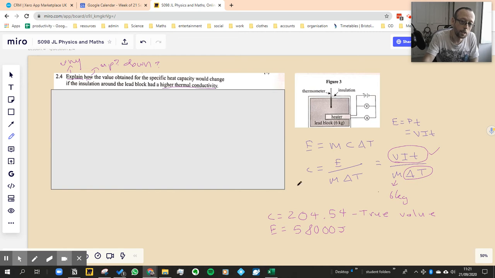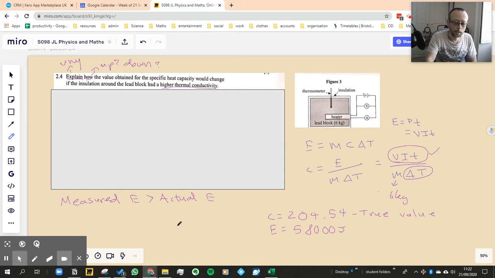So let's say we measure everything else to be the same. If we don't realize that the energy is being lost to the surroundings and not causing the block to heat up, then the energy calculated from everything else that we've done would actually be higher than the actual energy that went into the block, or that was kept within the block in order to change the temperature.